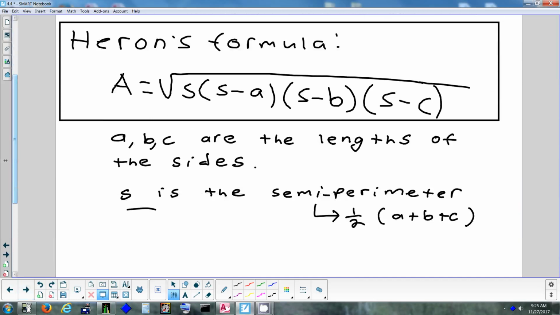S is just what you call the semi-perimeter. Okay, what is the semi-perimeter? You take the perimeter and divide it by 2, or take half of it. So to find the area of a side-side-side triangle, you need 3 things. The 3 sides, and then you need the semi-perimeter.